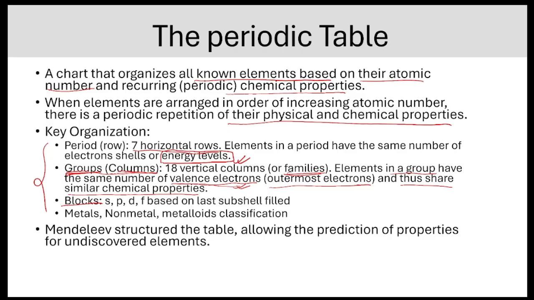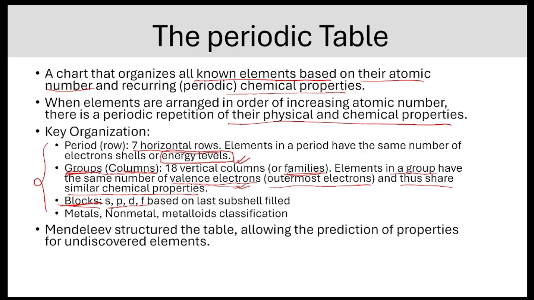And then we also have the elements arranged in different blocks, and these blocks are S, P, D, F, based on the orbitals from the quantum mechanical model, and corresponding to the type of atomic orbital that is being filled last in the region.